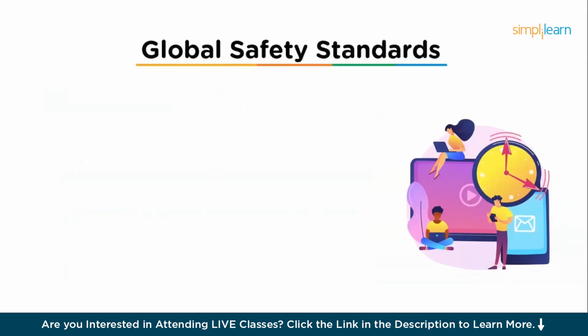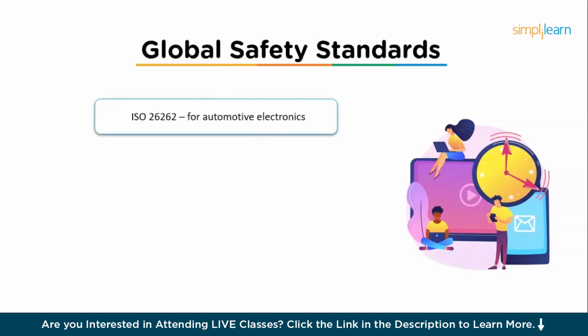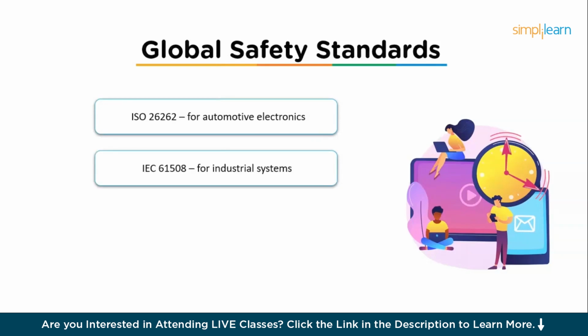Then we have the global safety standards. These are the global standards that every safety-critical embedded system must follow. The first one is ISO 26262 for automotive electronics. Then we have IEC 61508 for industrial systems.